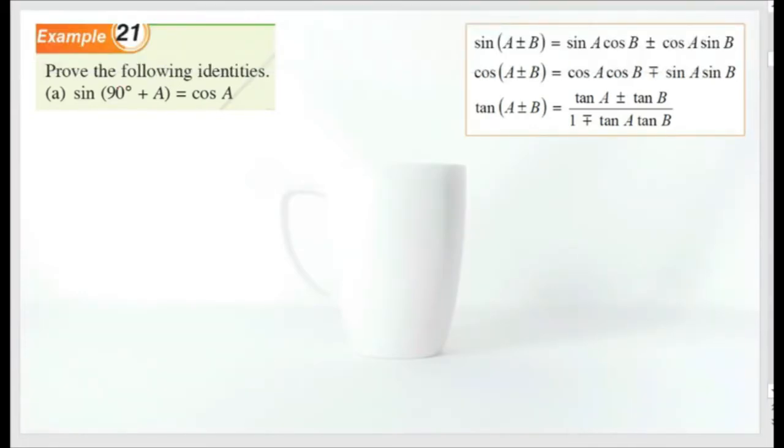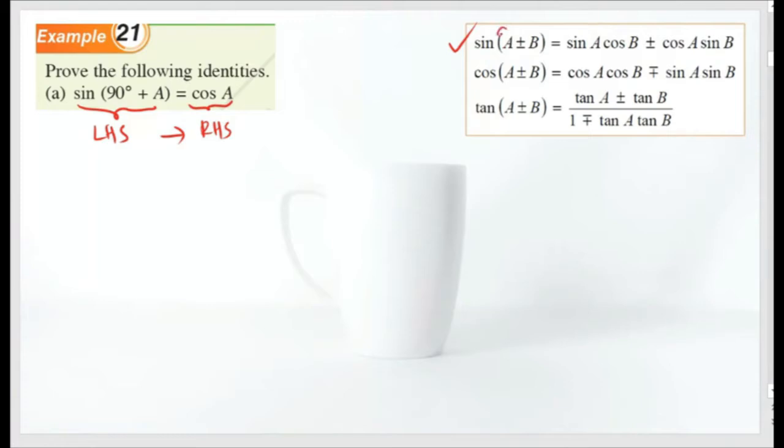Here, of course, we prove from left hand side to right hand side. How are we going to prove from left to right? We use the formula for sine 90 plus A.